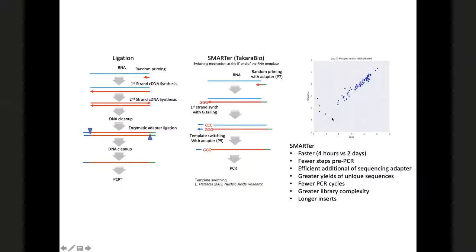That in turn means that if you're able to rescue more of your template in the initial step, you can afford to do less PCR to generate your library. Now that's important because everything in molecular biology favours what's easy, and that tends to be the amplification of short fragments.